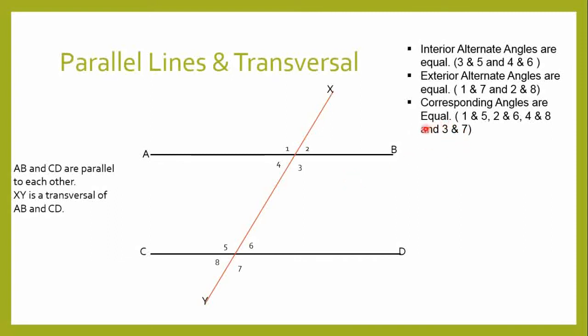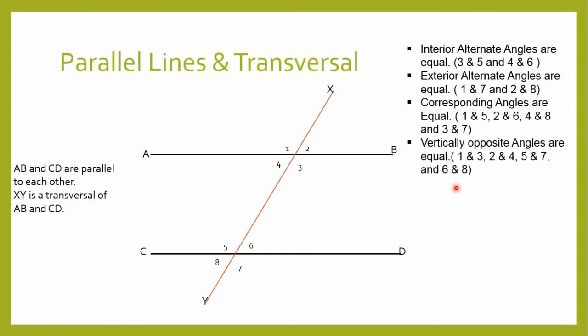So we have angle 1 equal to angle 5, angle 2 equal to angle 6, angle 4 equal to angle 8 and angle 3 equal to angle 7, because corresponding angles are equal when two parallel lines are intersected by a transversal, right?